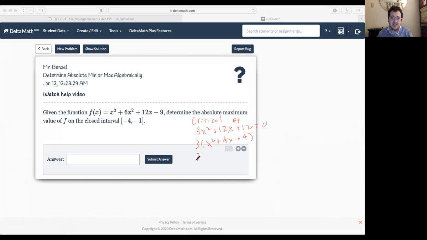And I get, as a result, x plus 2 equals 0, and another x plus 2 equals 0. So I get x equals -2 and x equals -2. That's my critical point.